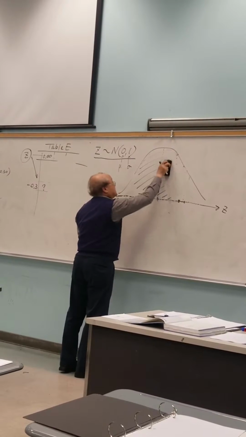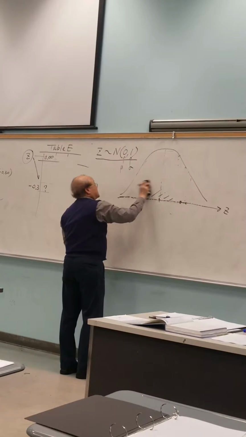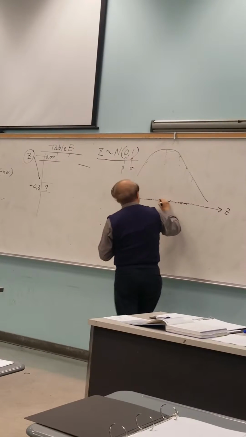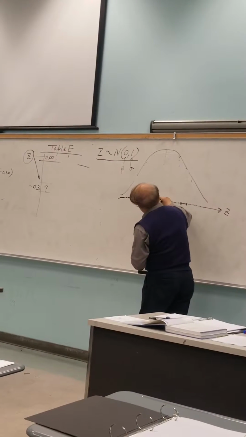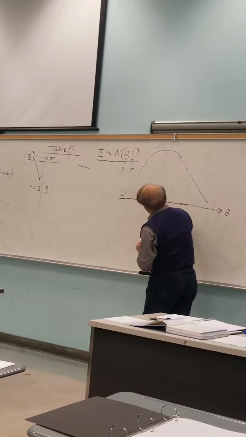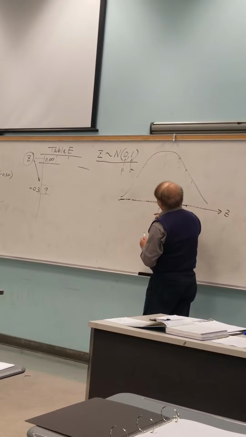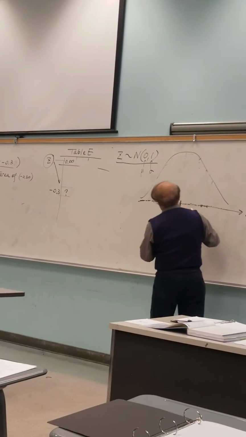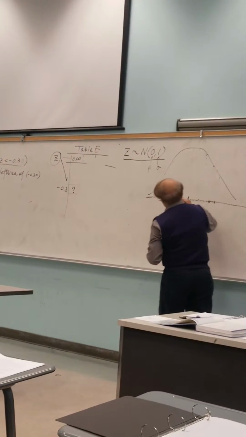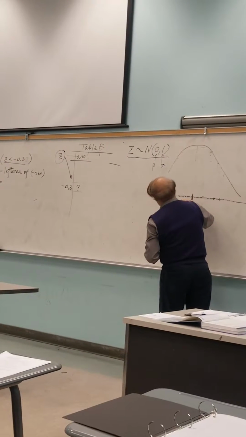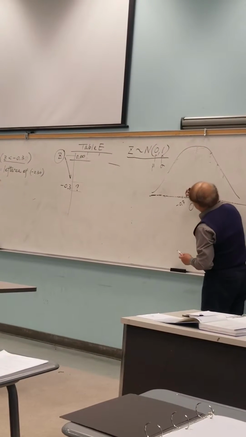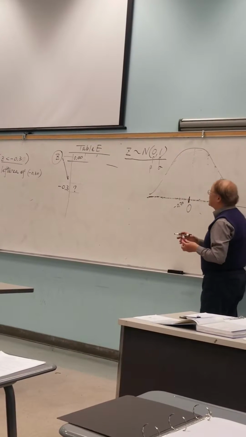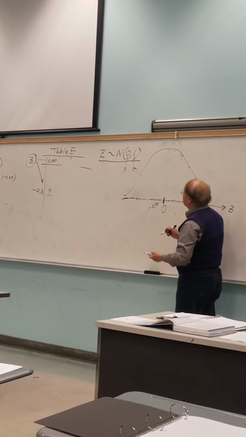Let me erase the previous question. Let's look at the current question. What is the center of the standard normal distribution? Mean value 0. Where is negative 0.3? It is on which side? The left-hand side. For 0.3 we purposely add a 0 because all the z-scores in the table contain 2 decimal places.